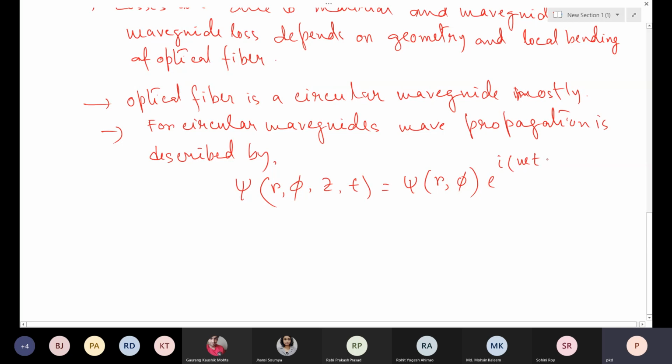For steady wave propagation of a frequency omega, we can write in this form psi(r, phi). So therefore the amplitude distribution is a function of the radius vector and the angle.